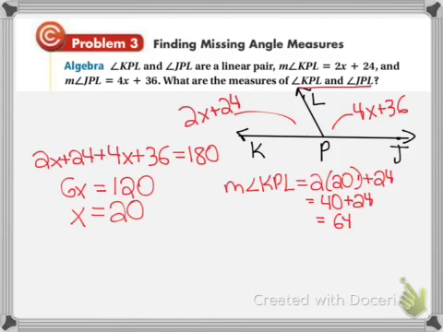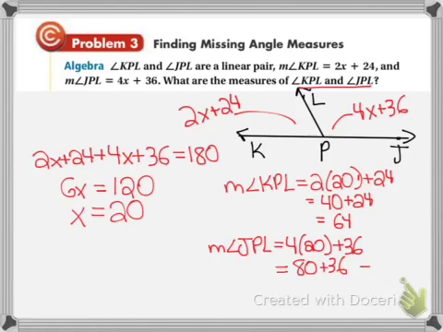And then the measure of JPL is going to be 4 times 20 plus 36, which is 80 plus 36, which is 116. So those are the measures of my two angles.